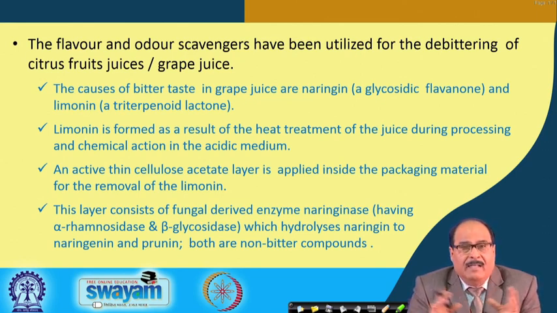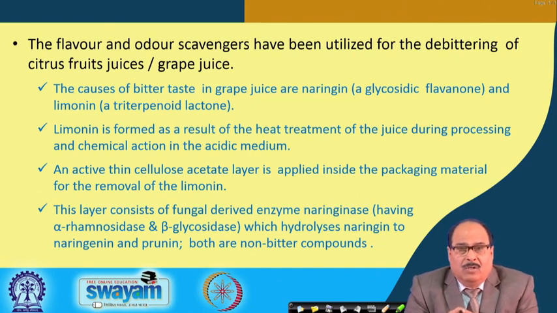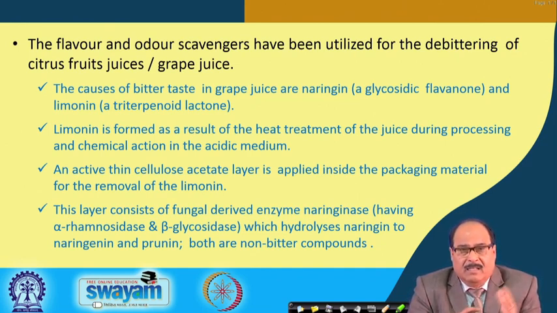Limonene is formed as a result of heat treatment of the juice. When the juice is exposed to heat during its concentration, thermal processing or such other processes, then heat and also the acidity, or acidic medium chemical action, results in the formation of limonene.